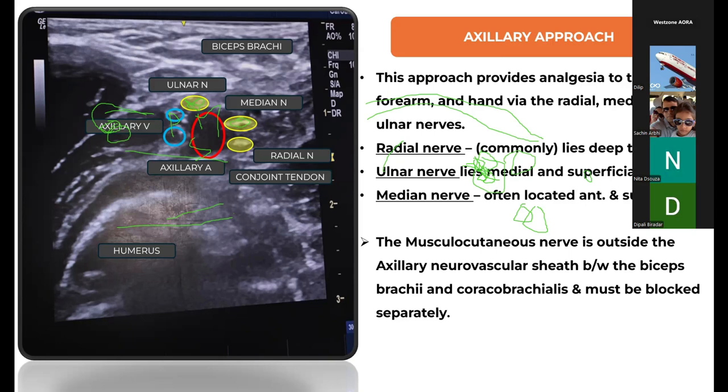In that situation, practically, we give just a simple plain lignocaine block. Once the induction is done and before starting the surgery, we give a block with only lignocaine, and during the intraoperative period we make sure the patient remains under the block.